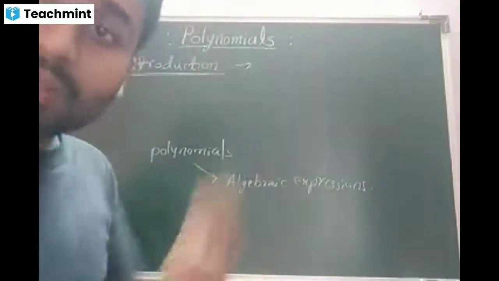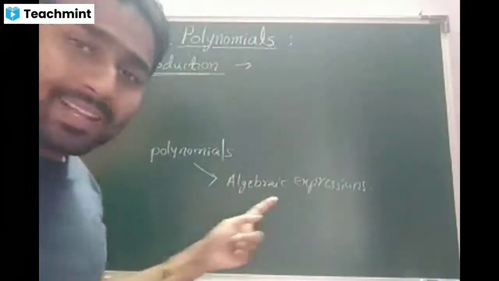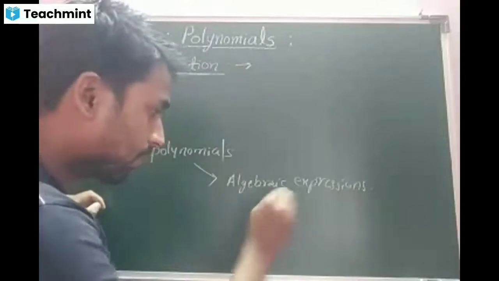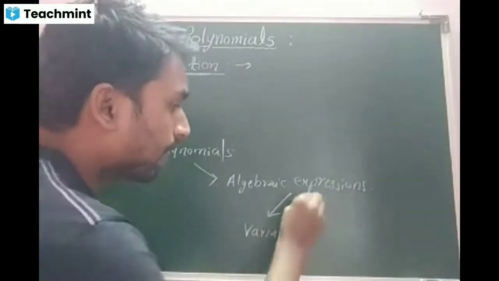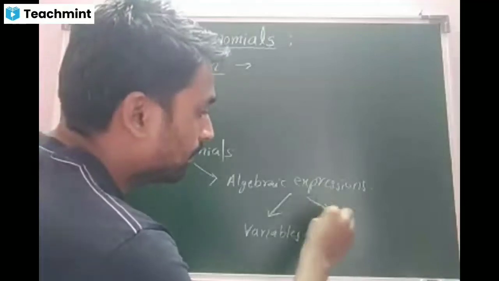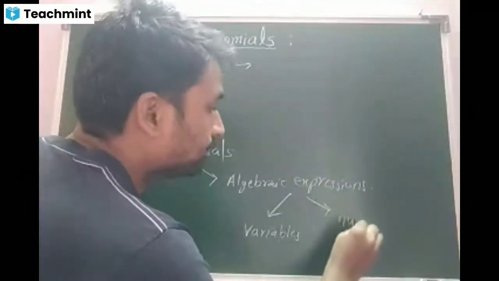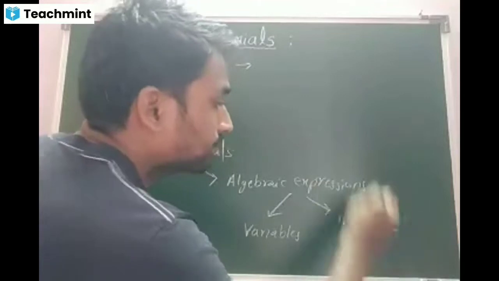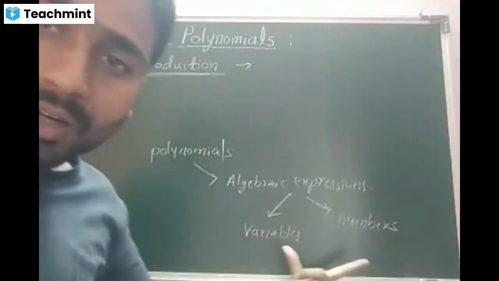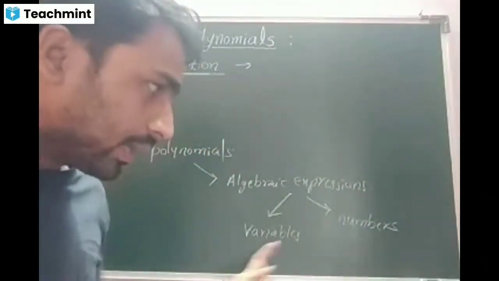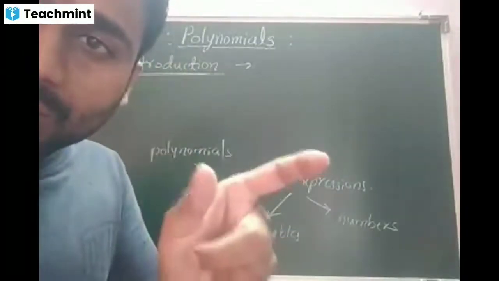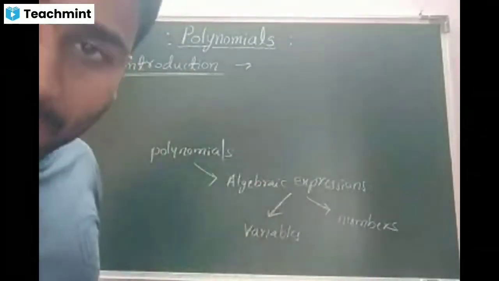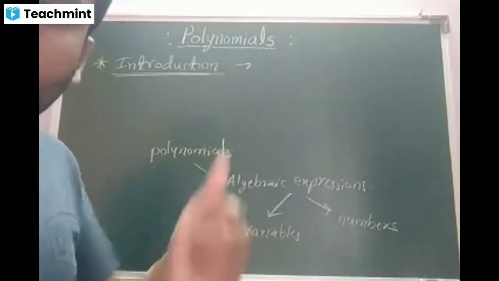You studied in the 6th standard that an algebraic expression is nothing but the combination of variables and numbers. Am I correct, beta? Combination of variables and numbers connected together with fundamental operations of arithmetic. What are the fundamental operations of arithmetic, beta?